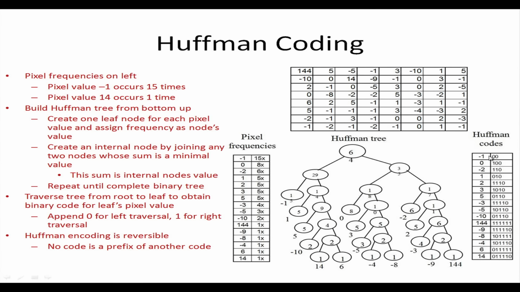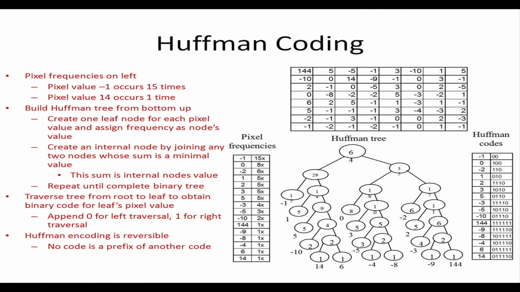Next node is 0. How do I get 0? 0 is somewhere here. So, I have to traverse starting from here right, that means 1, then I have to traverse left 0 1 0, then again left 1 0 0. So, I put 1 0 0 there.